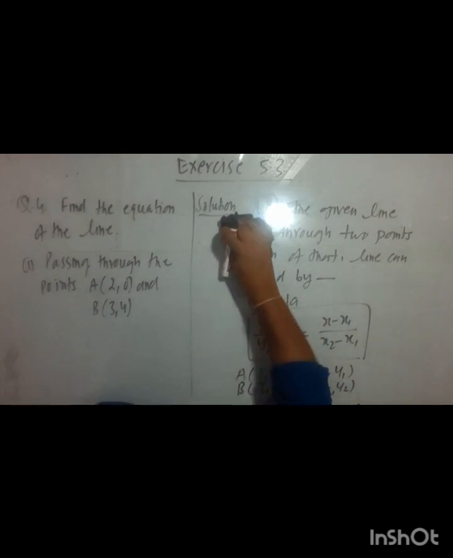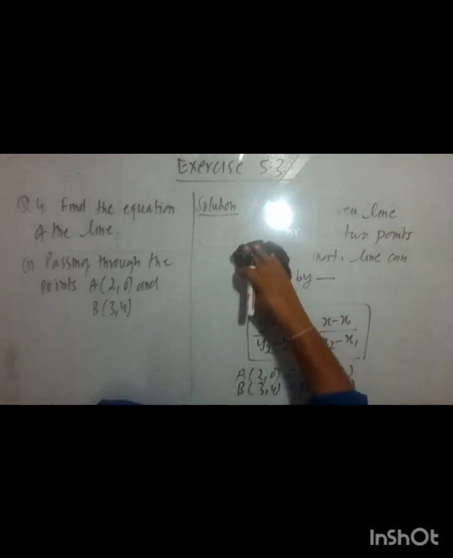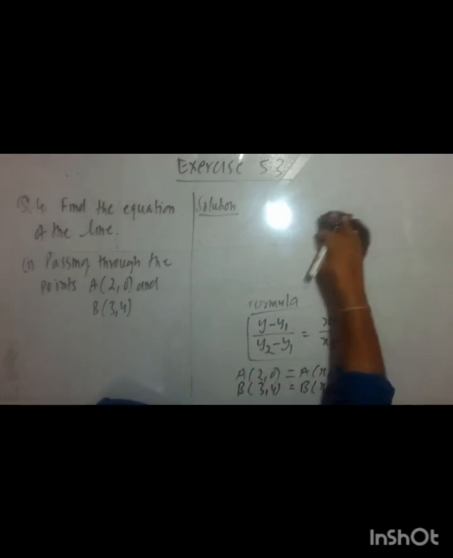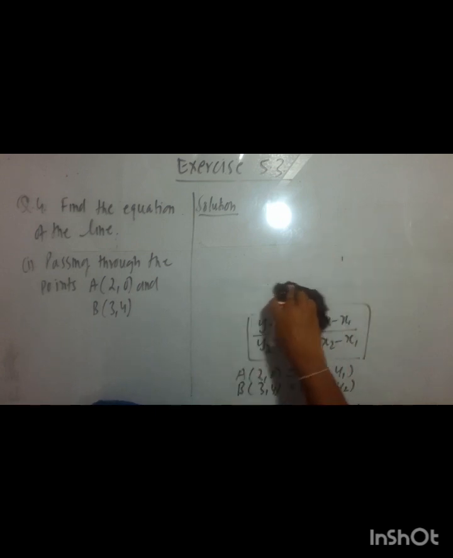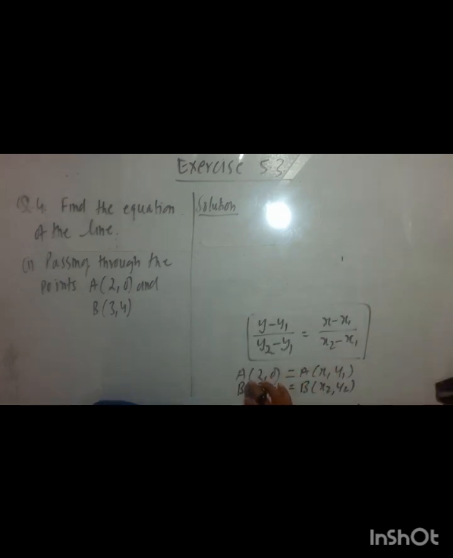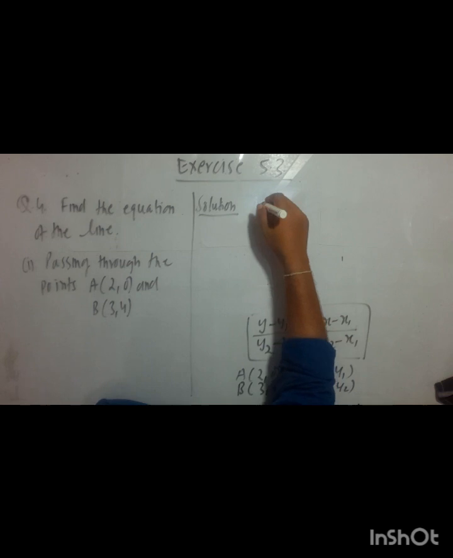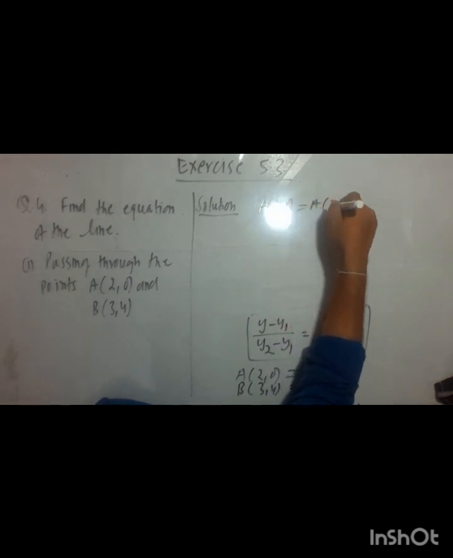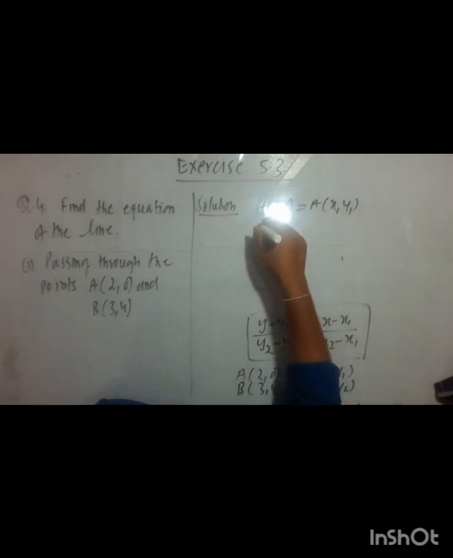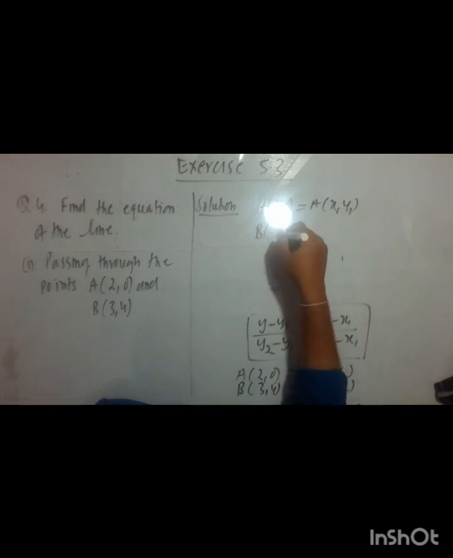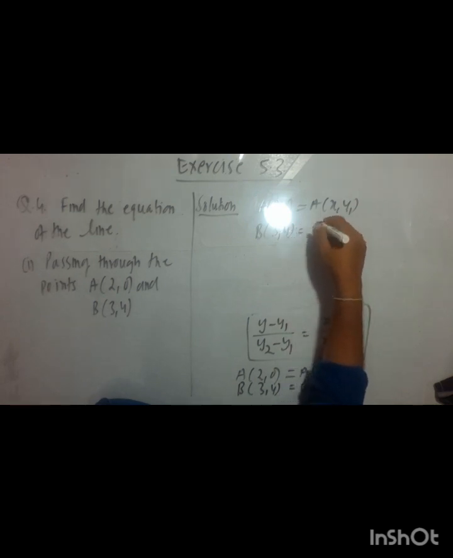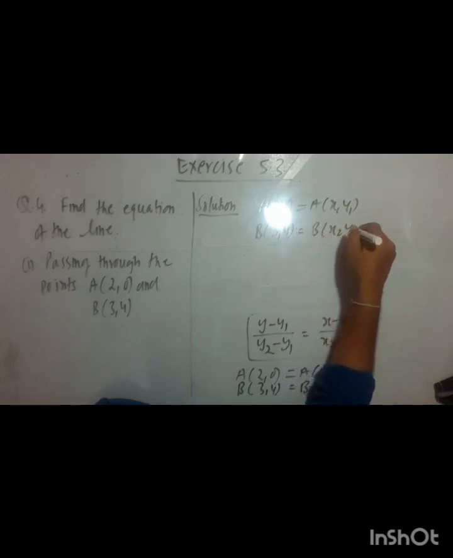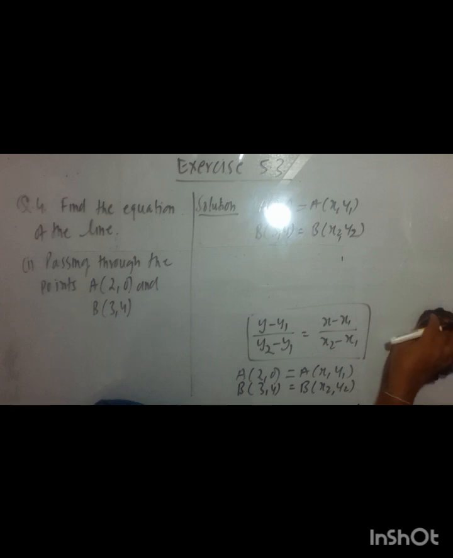So A (2, 0) is x1, y1, and B (3, 4) is x2, y2.